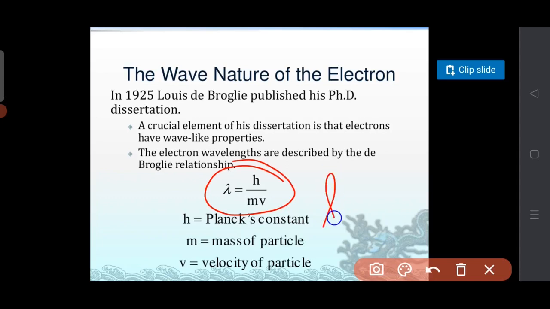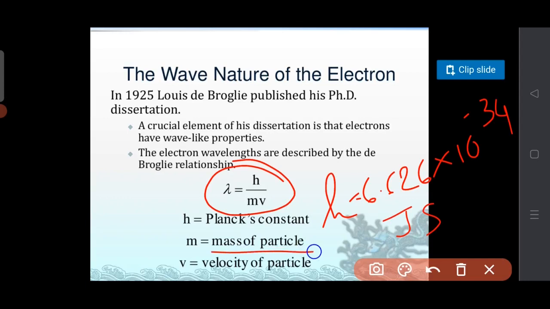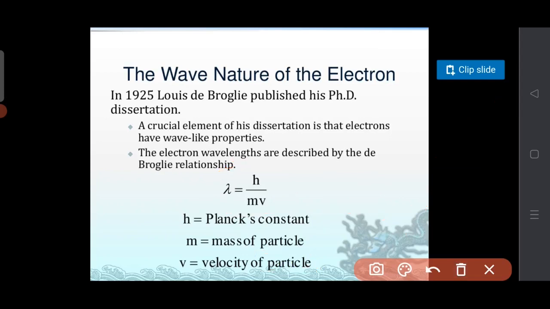What is the value of h? 6.626 into 10 to the power minus 34 joule second. This is the Planck constant. m is the mass of the particle and v is the velocity of the particle. So lambda equals h by mv.